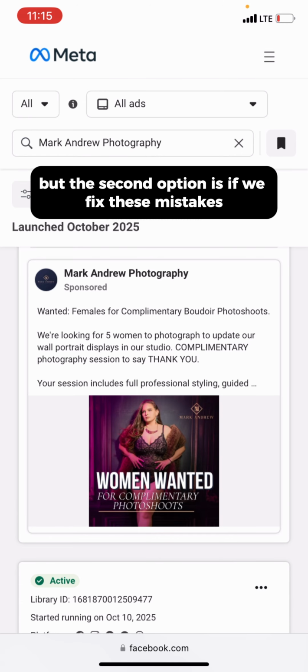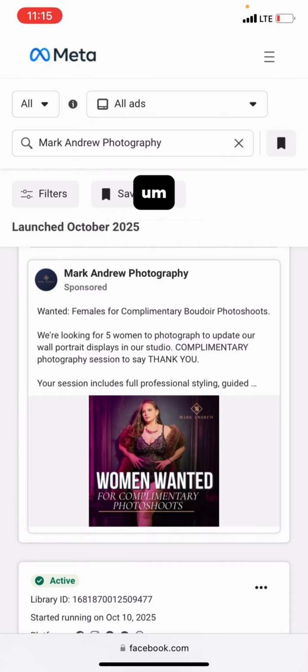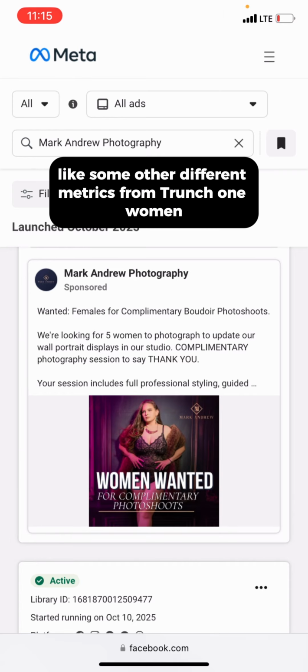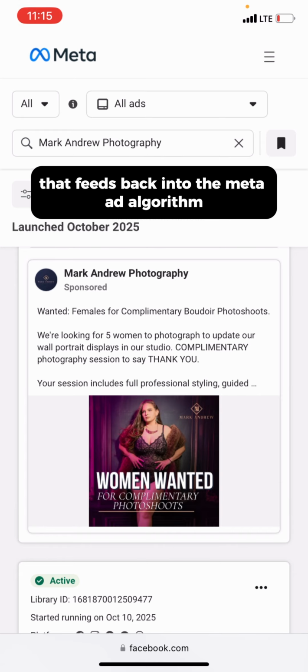But the second option is, if we fix these mistakes, here's what happens. We get good initial ad metrics like unique link click-through rate, conversion rate, and some other metrics from tranche one women. That feeds back into the Meta ad algorithm.